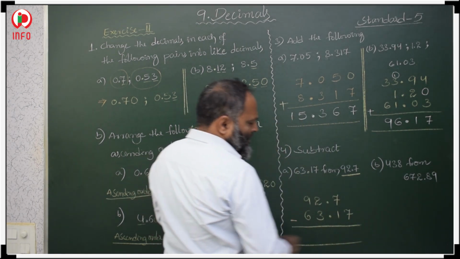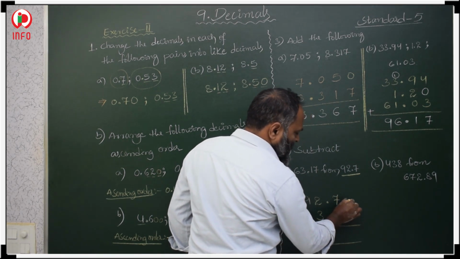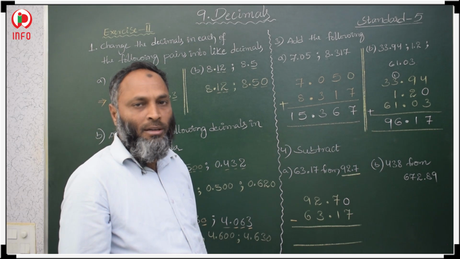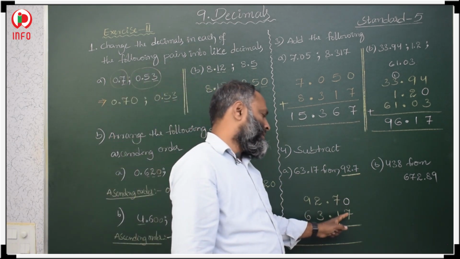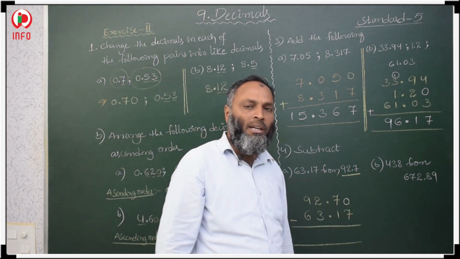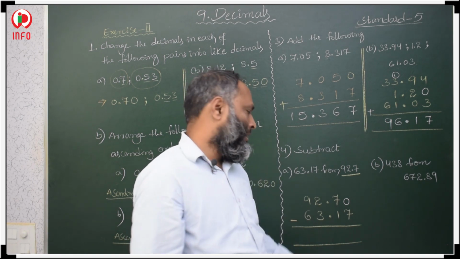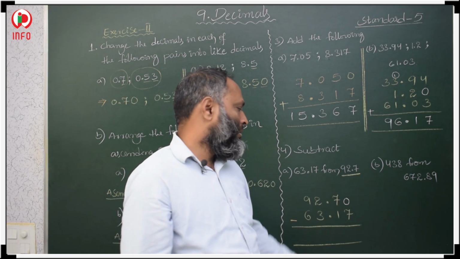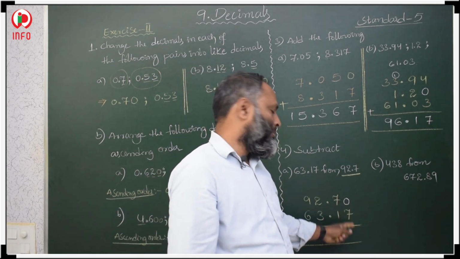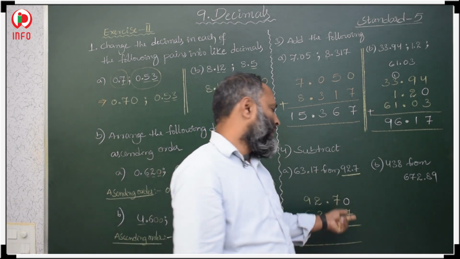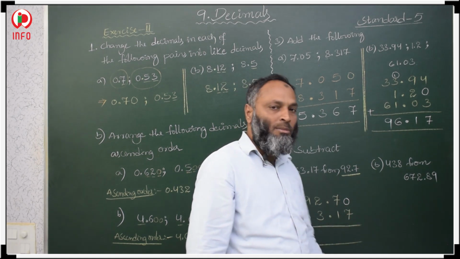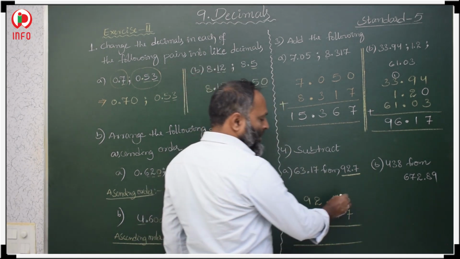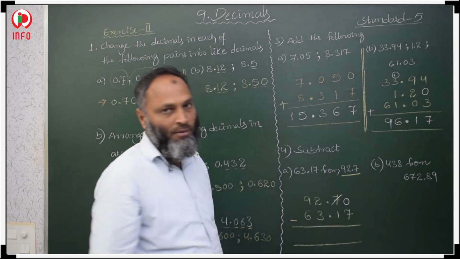Here there is no hundredths place, so keep 0 in the hundredths place. Now subtract 0 minus 7, the extreme right digit. We cannot subtract this, because the minuend is smaller and the subtrahend is bigger. Then we should borrow from the next place, that is from 7.